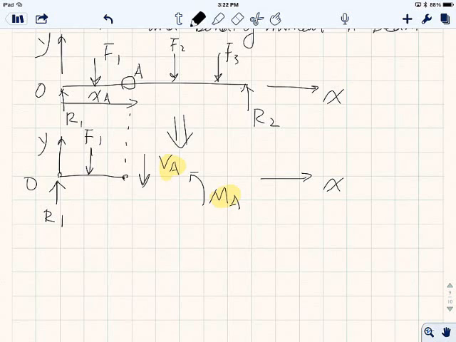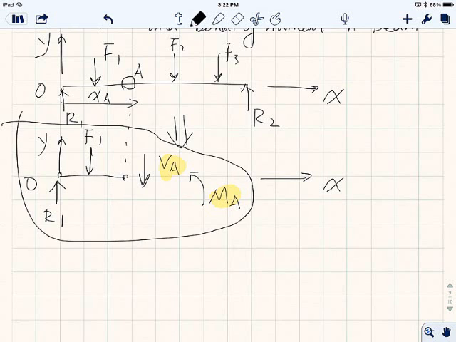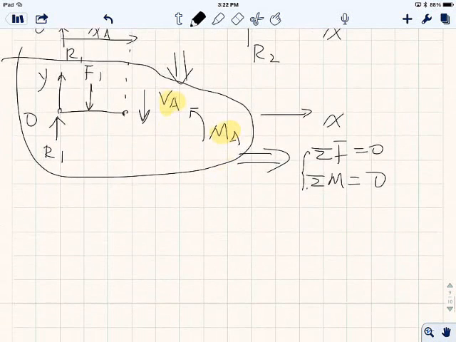Okay, so these 2 things, the reason why they exist is because a system like this also undergoes equilibrium. So for example, summation F is 0, so you have R1 equal to F1 plus VA.